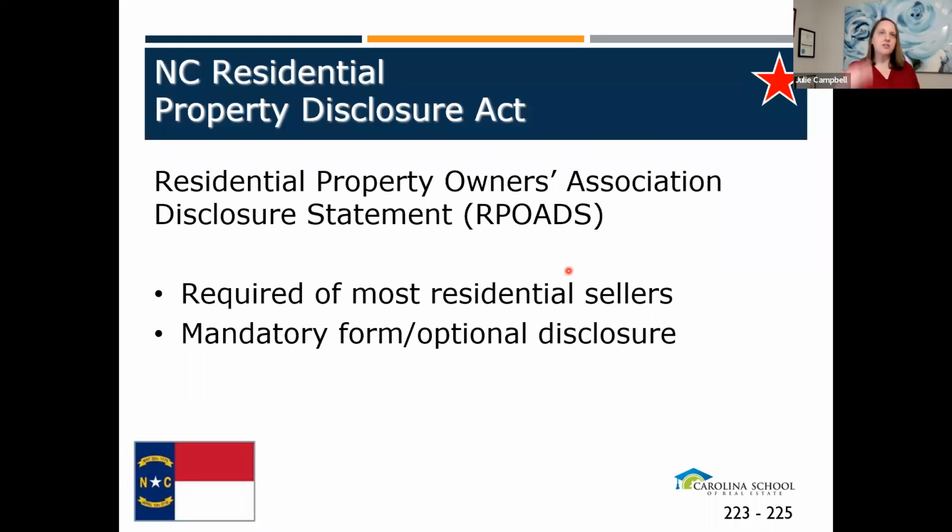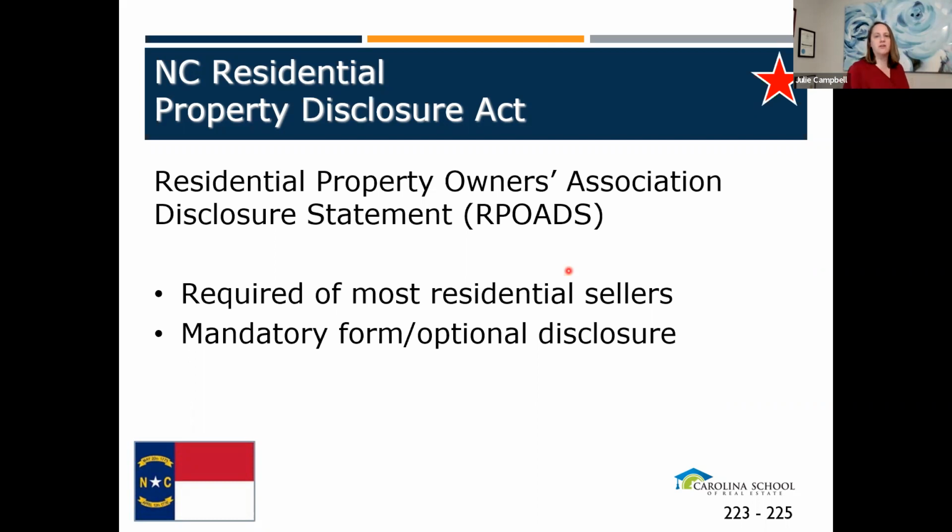And the seller has three choices when they fill out this form. They can say, yes, there's something wrong. No, there's nothing wrong. Or no representation. Caveat emptor says they have the right to say no representation. It's a mandatory form, meaning they have to complete it, but they're not required to disclose.